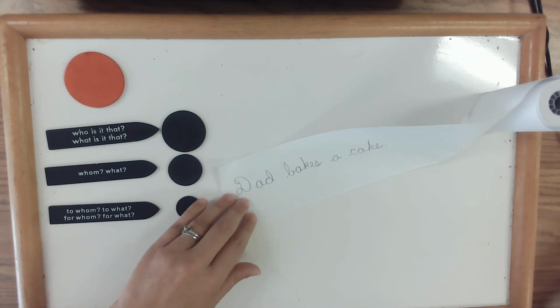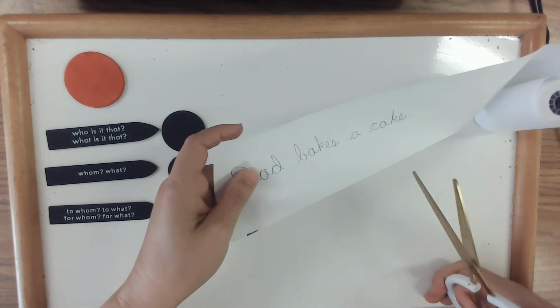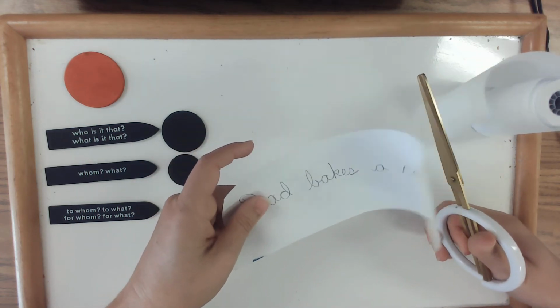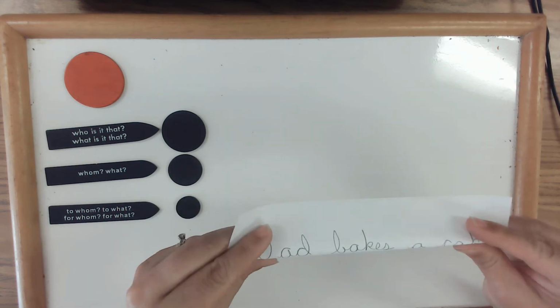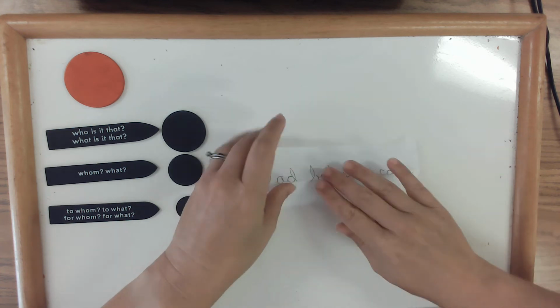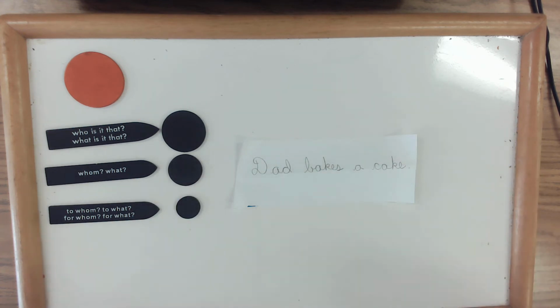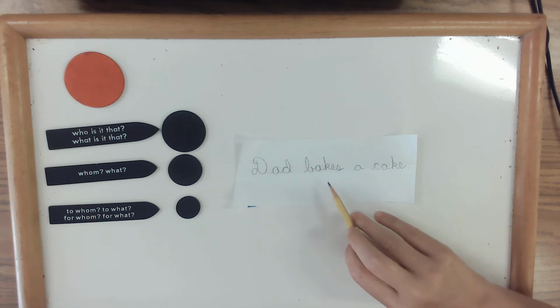So I write the sentence as step one, cut it out, make it flat. Dad bakes a cake. So first step, once we have the sentence written, is we underline and cut out the predicate. It still bakes.